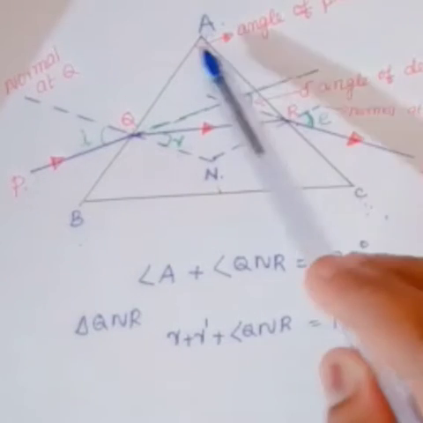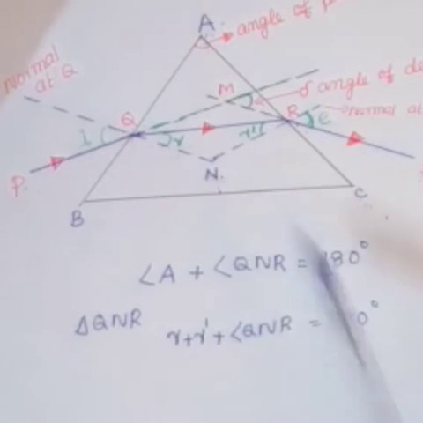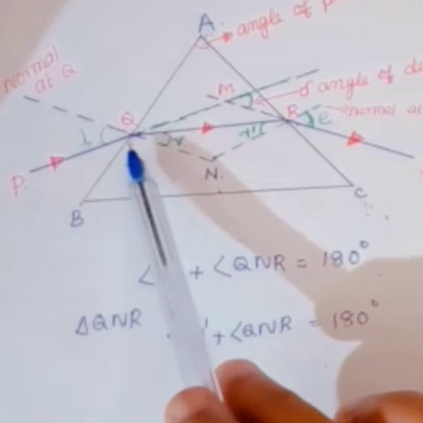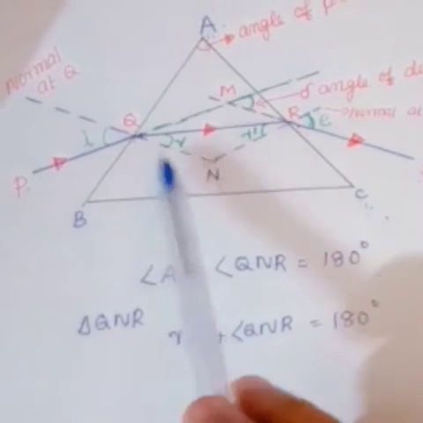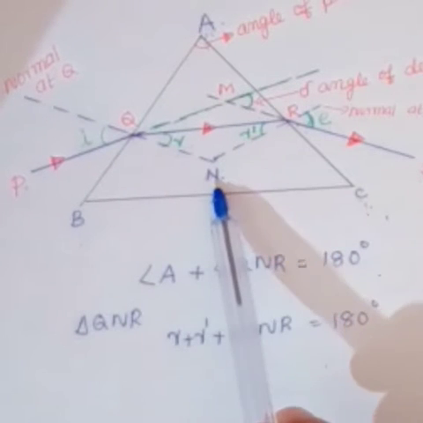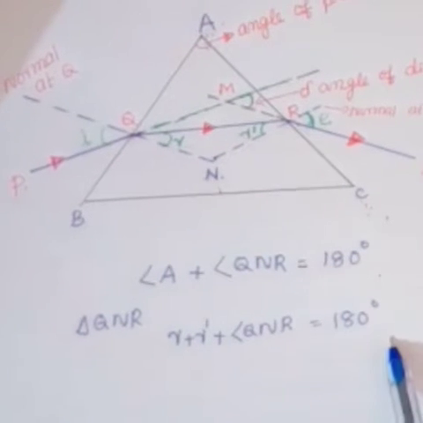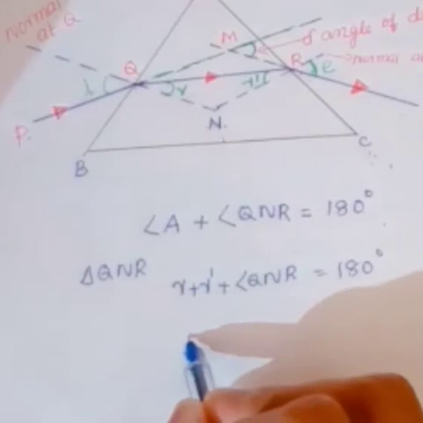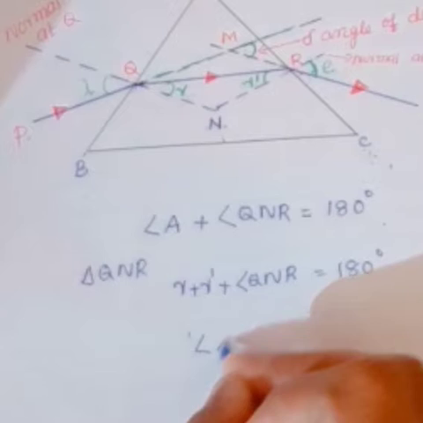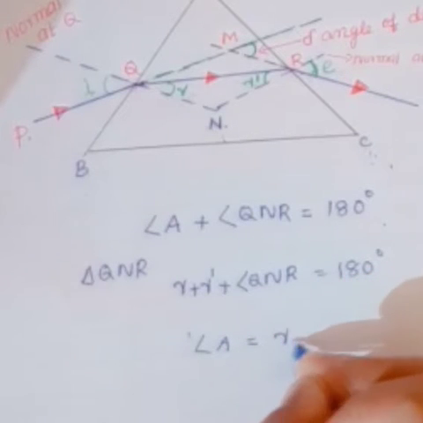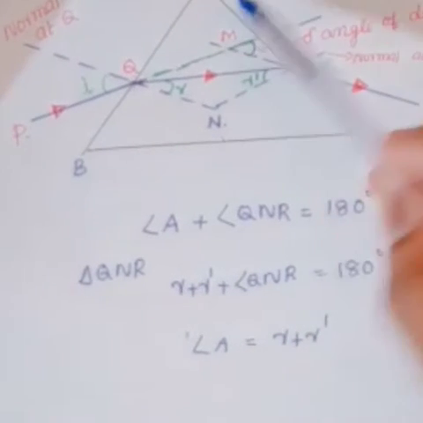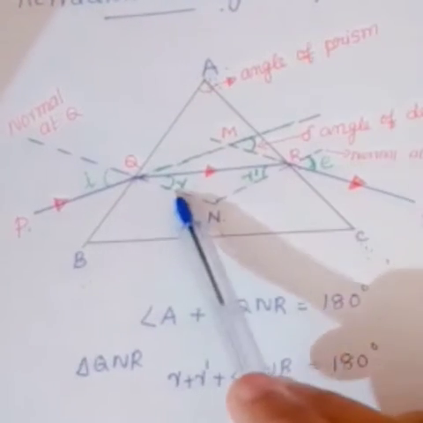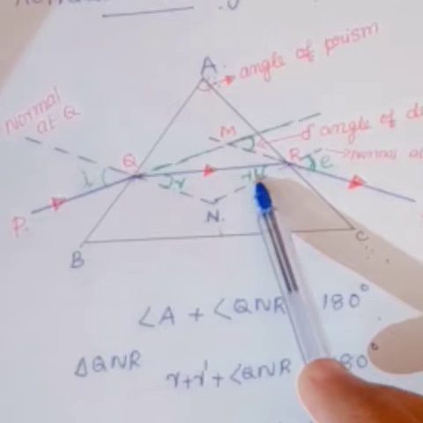Then compare these two equations. So angle A is equal to R plus R dash. Angle A, the angle of the prism, is equal to R plus R dash.